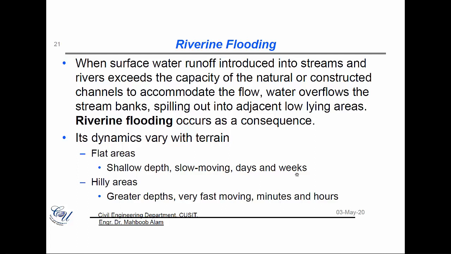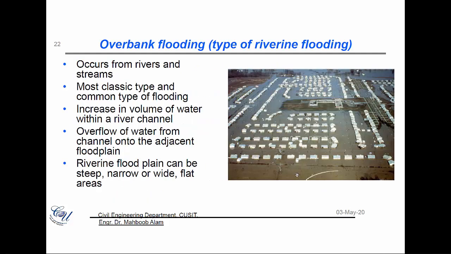Riverine flooding basically means when your channel or your stream or your canal has less capacity to accommodate the flow, and the water overflows the stream banks. Another type of riverine flooding is overbank flooding. Usually it occurs in rivers and streams, and this is again a larger volume of water coming into the river channel and then bursting out of its embankments and flowing into the adjacent floodplains.